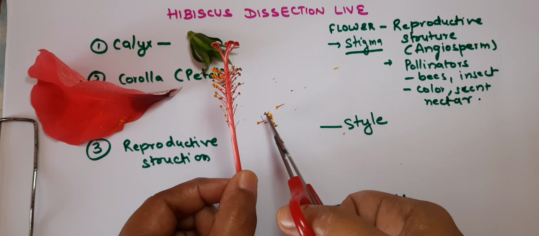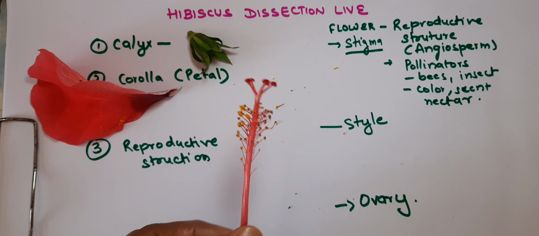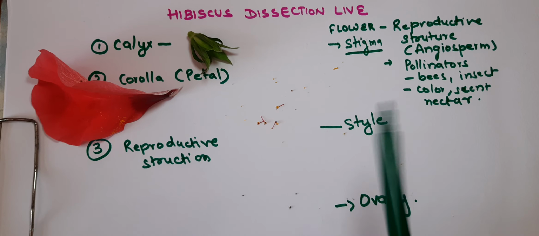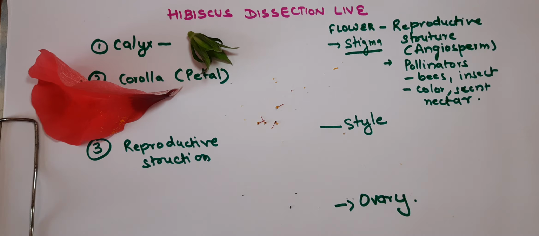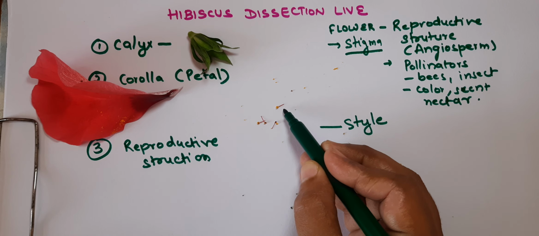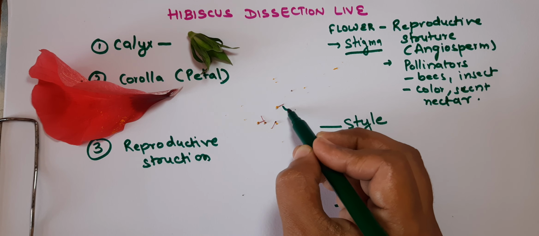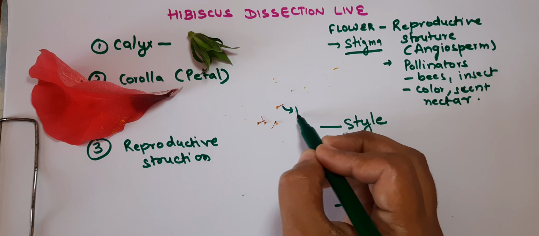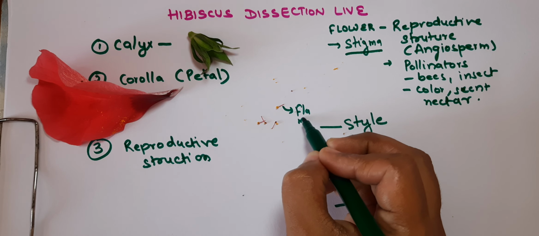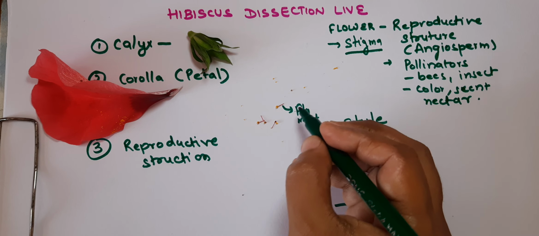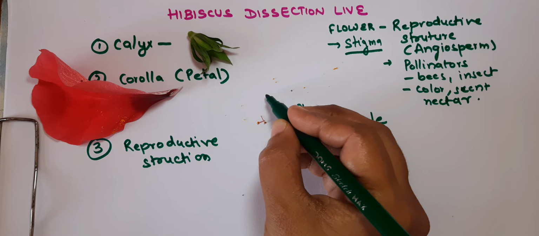I hope you can see. This is the green portion, and this is the filament, supporting the anther. So this portion is known as the filament, and this yellow portion is the anther.